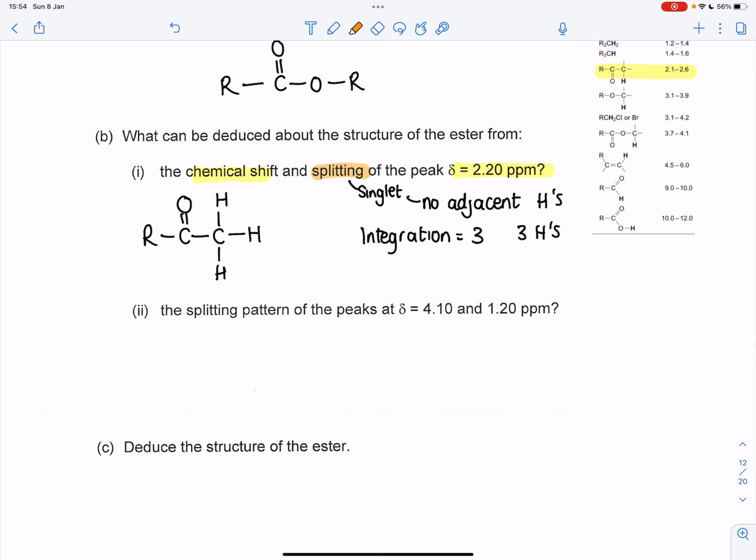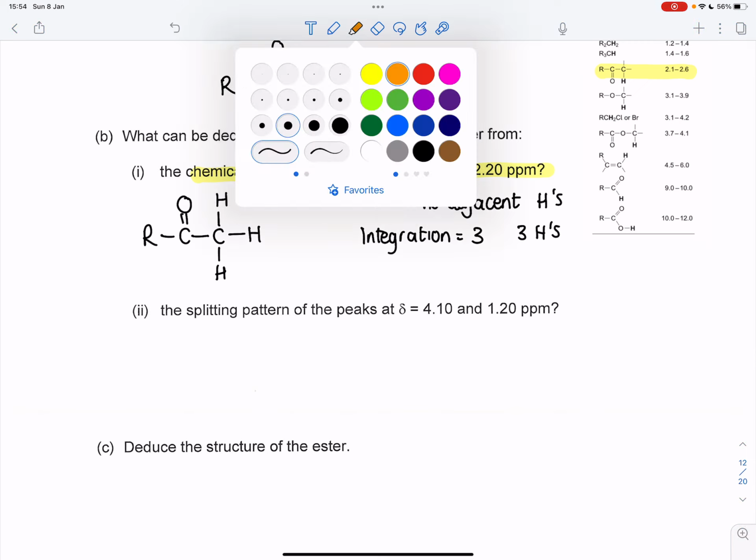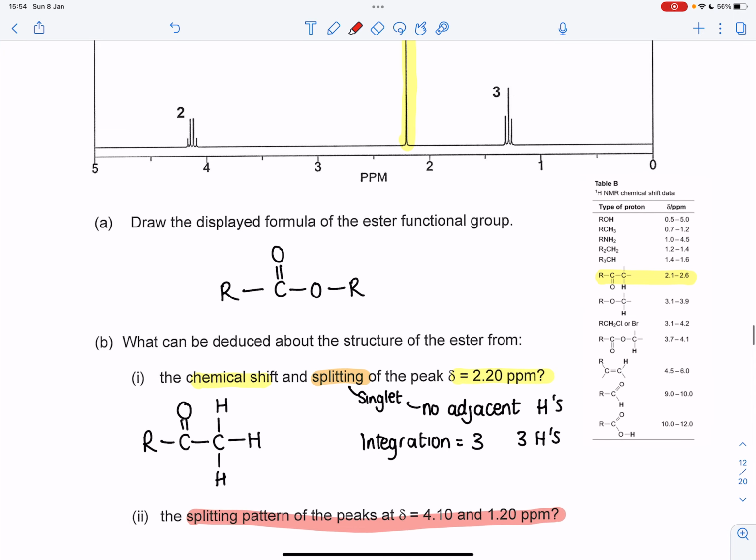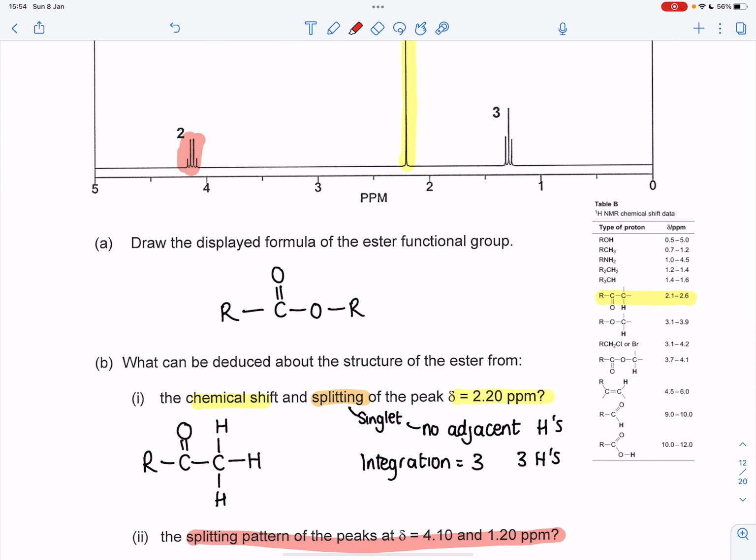The next bit says the splitting pattern of the peaks. So it's sort of indicating that it wants us to look at 2 peaks together and think about their splitting pattern. So if we go up and look at 4.1, and that is a quartet. And then also at 1.2, and that is a triplet made of 3 peaks.